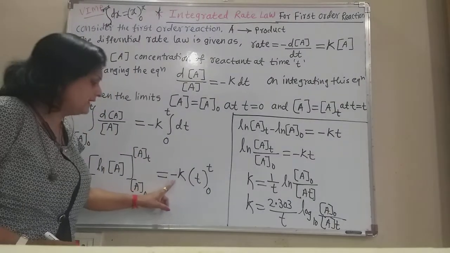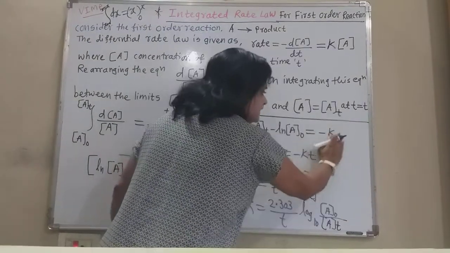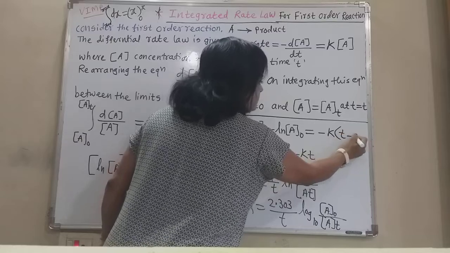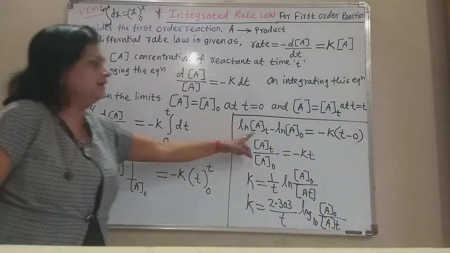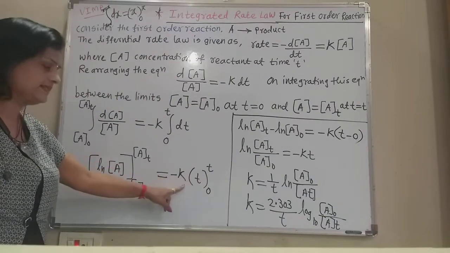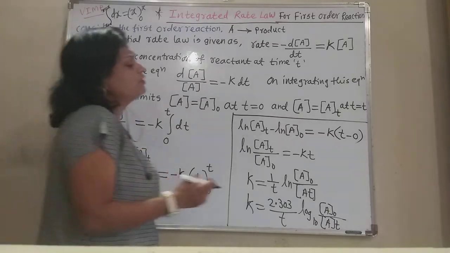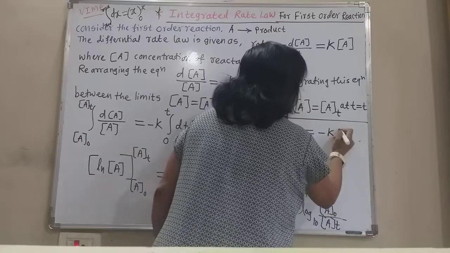This is also written as, now see, minus k, I write directly here t, but this comes from t minus 0. As it is ln At minus ln A0, so it can be written as minus k, that is the constant, and t minus 0, but t minus 0 is equal to t, so I directly write here minus kt.